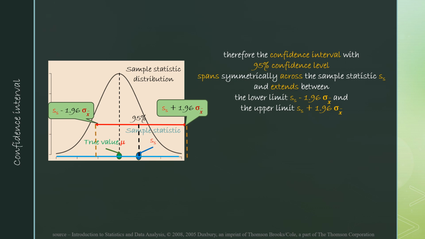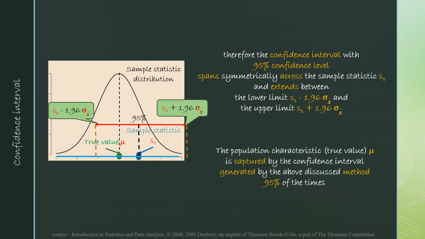Therefore, the confidence interval with 95% confidence level spans symmetrically across the sample statistic SS and extends between the lower limit SS minus 1.96 times sigma x bar and the upper limit SS plus 1.96 times sigma x bar.